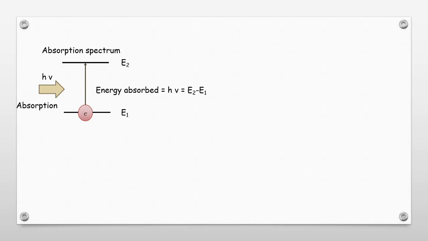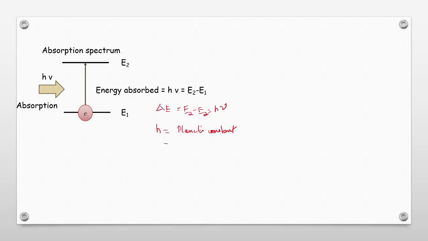So if E1 is the energy of the lower energy level and E2 is the energy of the higher energy level, then when a molecule is exposed to electromagnetic radiation, it gains energy, and the energy gained, delta E, which is E2 minus E1, will be equal to h nu, where nu is the frequency of the absorbed radiation and h is the Planck's constant.